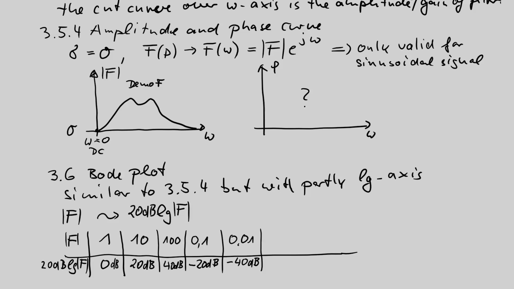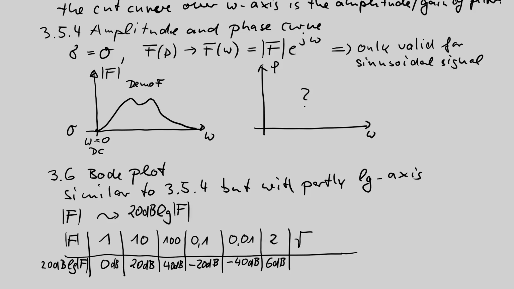Some other values: the factor of 2 is well known as the 6 dB value. 6 dB means a factor of 2, roundabout. It's not exact; the other values are exact calculations, this is only an approximate factor of 2.